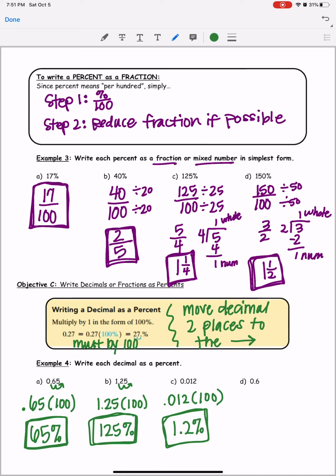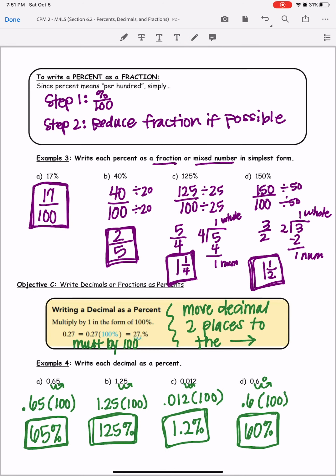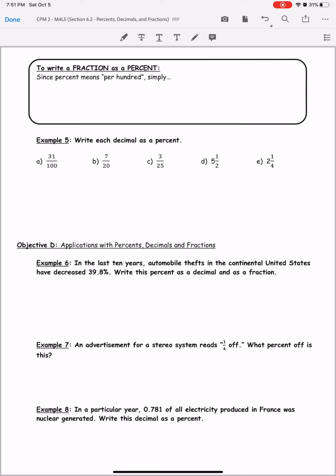And again, you can just move it 2 places over. Same thing here, 0.6 times 100. Put that in your calculator, you're going to get 60, so 60%. Or just move it 2 places over and put that 0 there as a placeholder. Either way works.